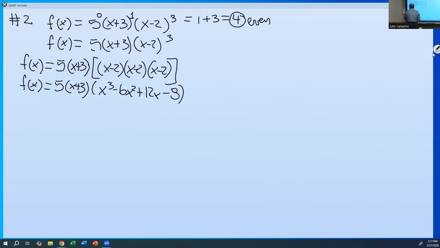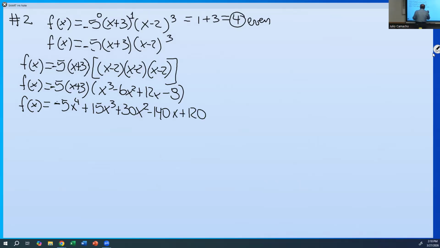And if you multiply all together, you will get as a final result f of x is equal to negative 5x to the 4th power plus 15x to the 3rd power plus 30x to the 2nd power minus 140x plus 120. Sorry, it's a negative 5 there. That is the answer.